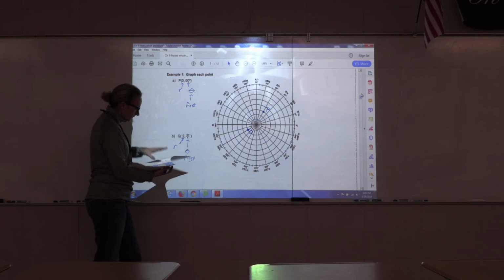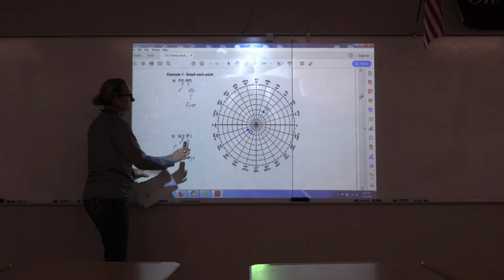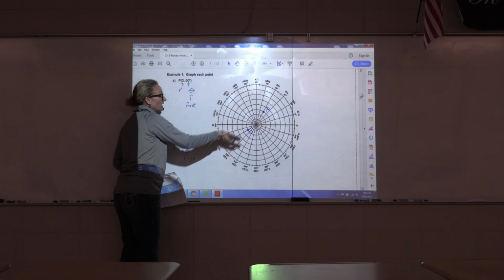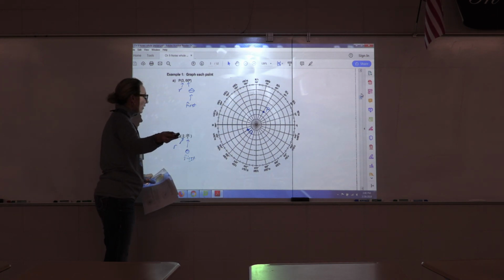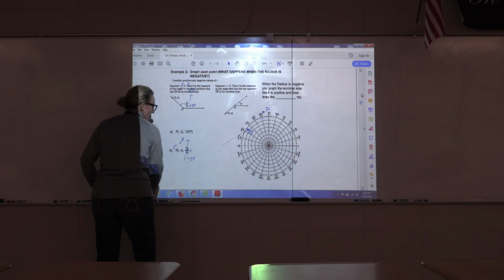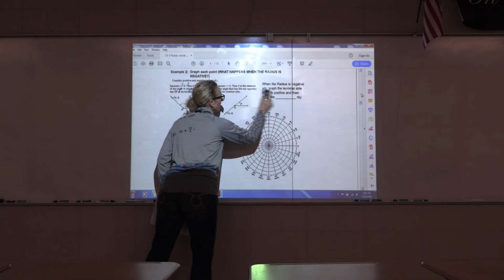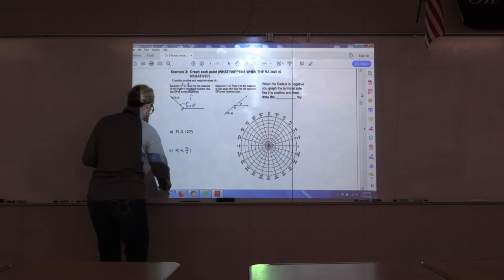Okay, so flipping it over, what happens if you have a negative radius? In these 2 examples, we had a positive theta and we had a negative theta. What happens if you have a negative radius? How does that impact our plotting?